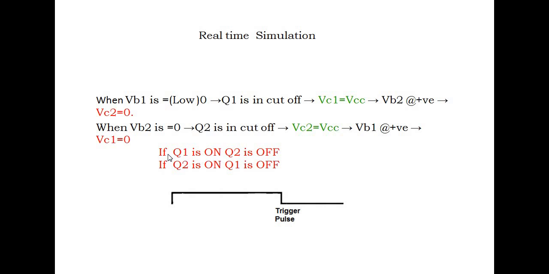Here also we can observe this. If Q1 is on, Q2 is off. If Q2 is on, Q1 is off. We have seen the voltages at different terminals, at the collector and base terminals of each transistor. That's why we can conclude this. If one transistor is on, the other transistor is off. If Q2 is on, Q1 is off.